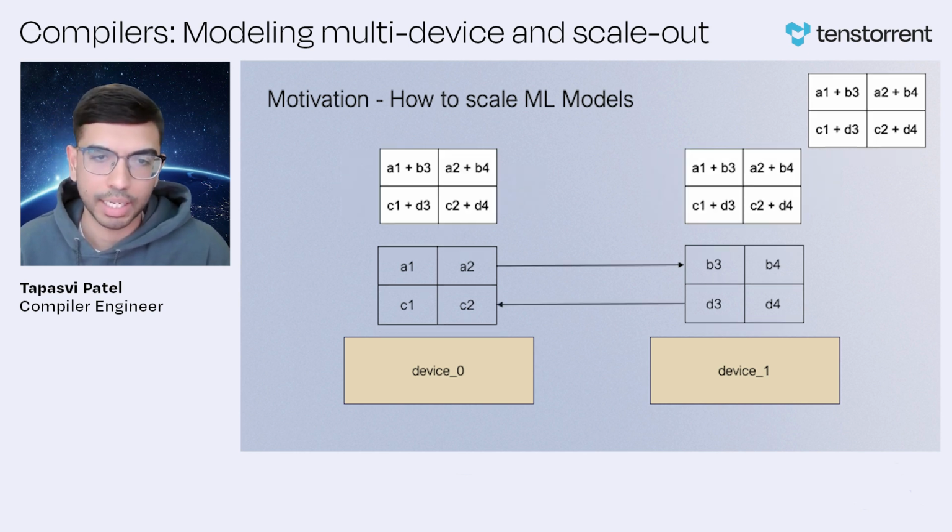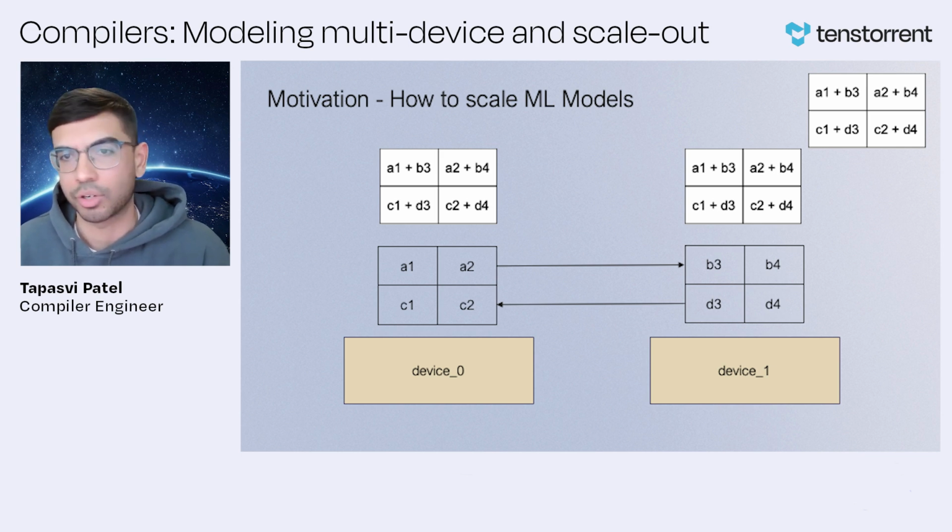So what we can do is communicate between these 2 devices. We can send this matrix over to this device and this matrix over to that device, and then just do an element-wise addition on both of these partial sums, and that will give the resultant matrix. Then you can use this resultant matrix in further computations, or you can query it off of the device, and that's your final result.